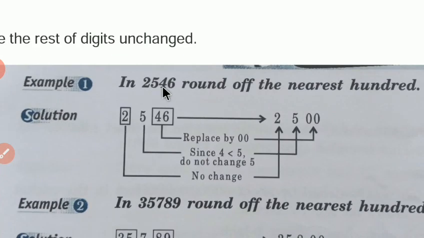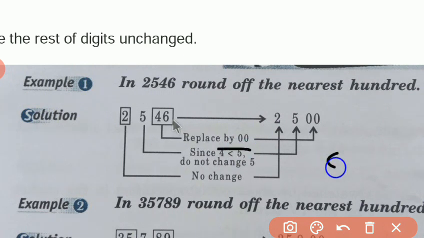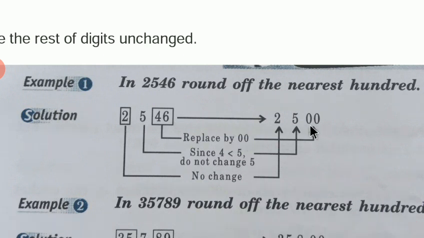Here you can see that the tens digit is 4. Here you have to replace 6 by 0 and replace both by 00. Why? Because how many zeros are there in 100? Two zeros. So we have to replace the 2 digits by 2 zeros. We will see that here 4 is less than 5.